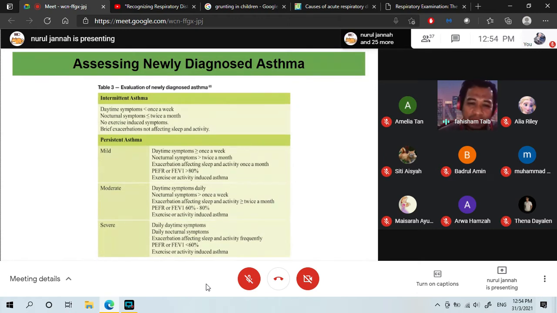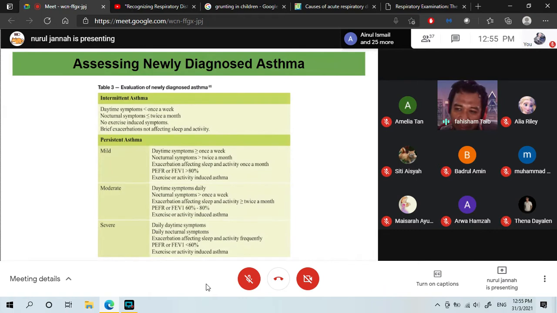Prior to the presentation, was it been diagnosed as intermittent or persistent asthma? I don't know. So you've got to take all the history in order to qualify and state your claim that this is asthma with background of persistent asthma, mild persistent asthma.